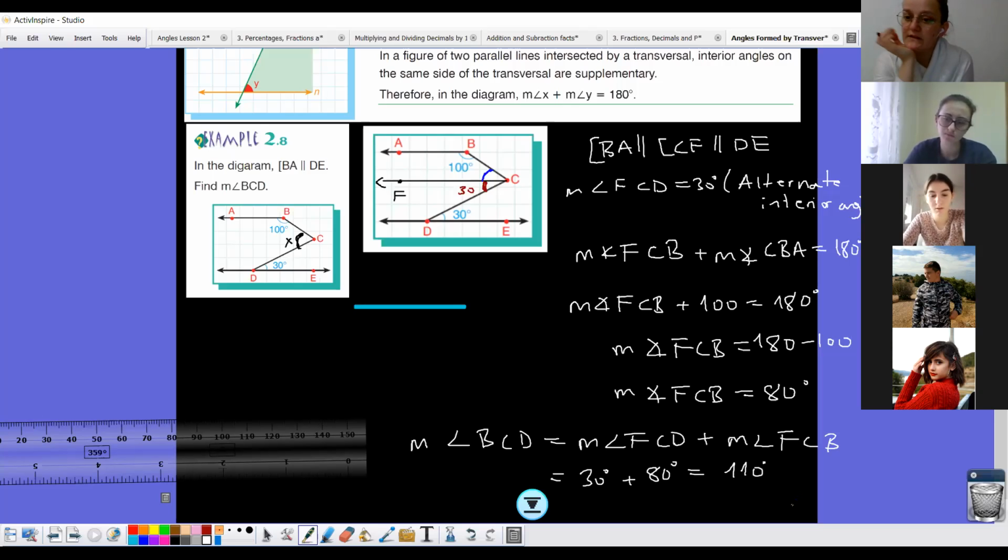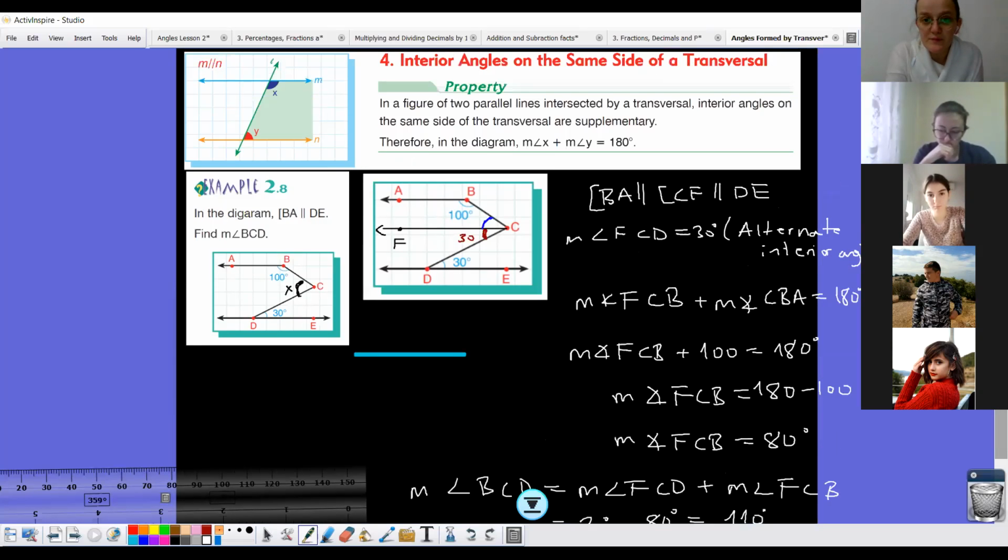Okay. You need to know these properties. For example, this one that we look at now, interior angles on the same side. Then the other properties: alternate exterior angles, that they are congruent, alternate interior angles, that they are congruent, and corresponding angles.